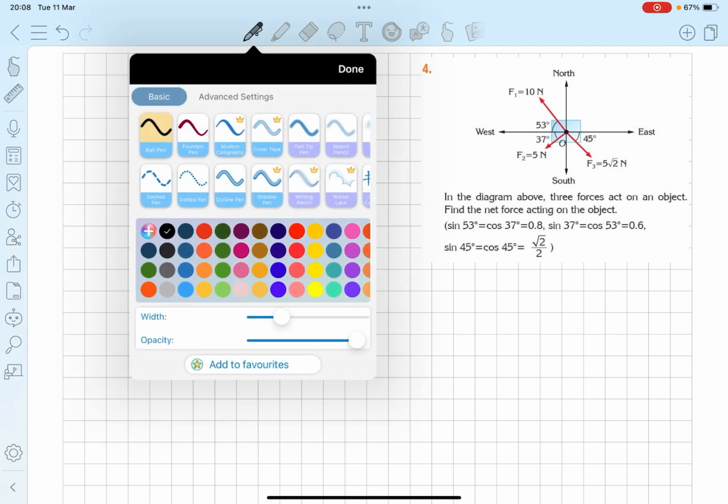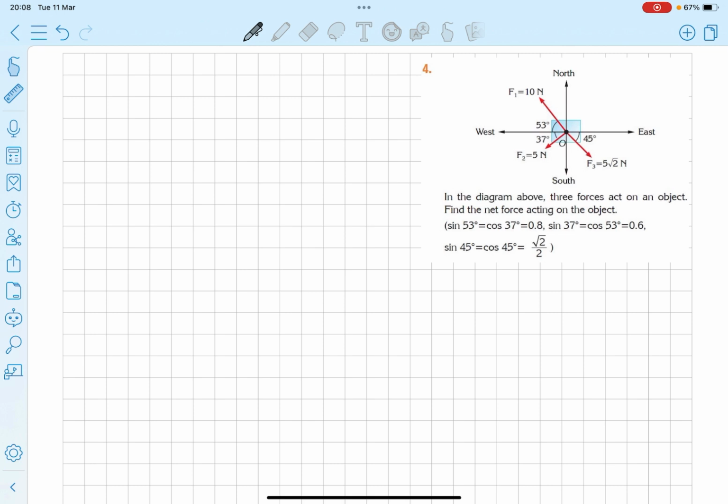So let's calculate it. Here we know that if the forces are at an angle with the coordinate system, we have to separate each force into components. Let's start from F1.